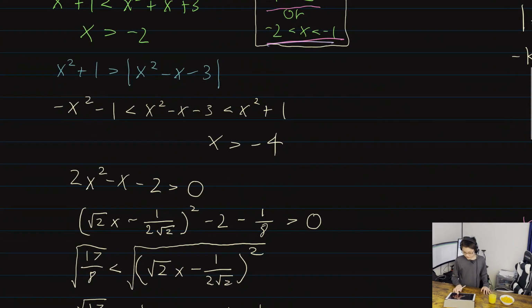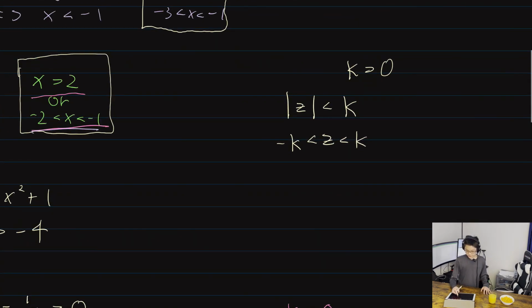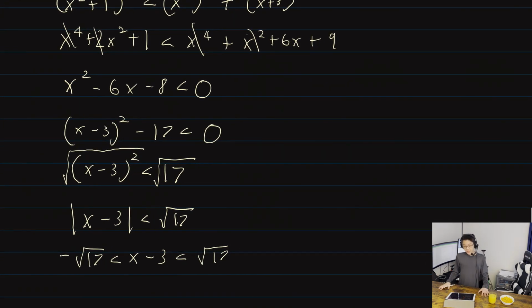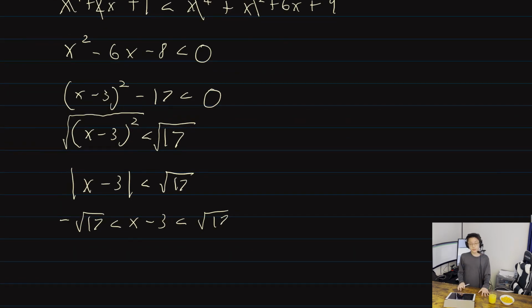And that's what we did up here. Okay, so now we could add 3 to the right side and also do it to the left side too. So that will give us x will be less than 3 plus square root of 17 and greater than 3 minus square root of 17.